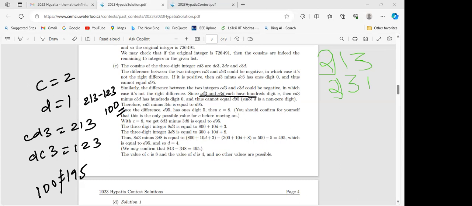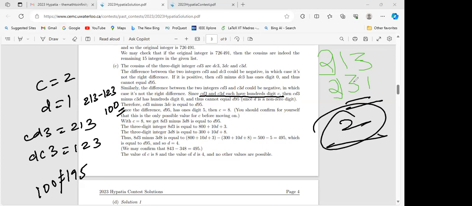CD3, C3D have the hundreds digit of C. Are you getting 2? Yeah. Like 231 minus 213 will give you... It's 200 minus 200, so that's 0.